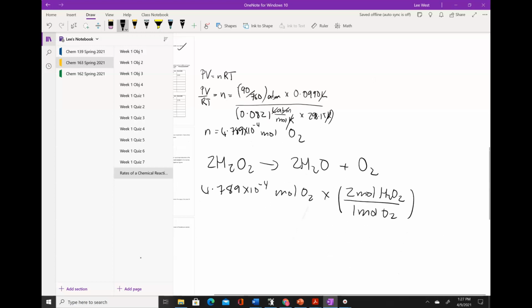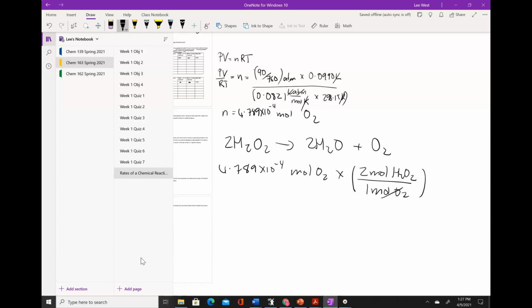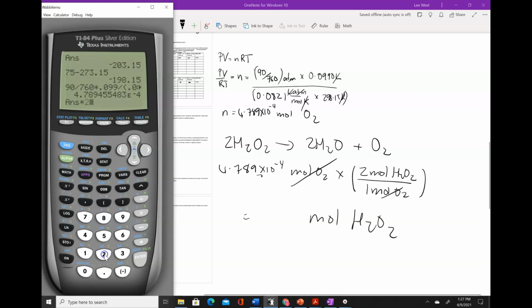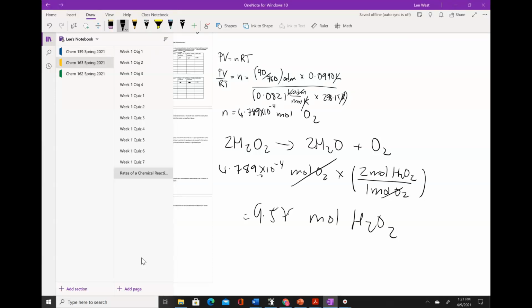So what do we got to do? We've got to multiply our answer by 2, right? And that'll give me my moles of H2O2. Again, we're going to do 4 sig figs and in scientific notation. So pretty simple, I'm just going to go times 2. So there we are, and that's going to be 9.579 by 10 to the minus 4 moles. So that's how much was consumed of the H2O2.